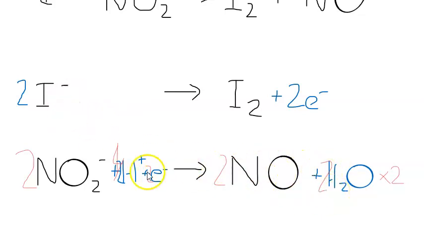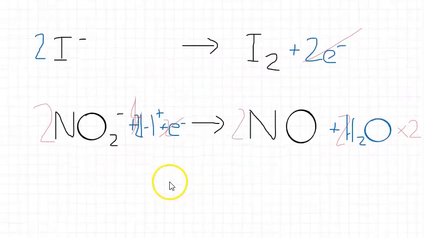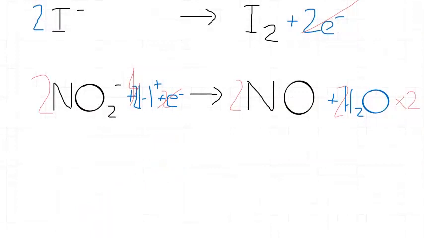Now I can add these together. You can see we've got 2 electrons there, 2 electrons there, so I can cancel those out. Everything else on both sides of the equation is different, so there's no more cancelling of any other things. To put it all together, I'll do this in black.